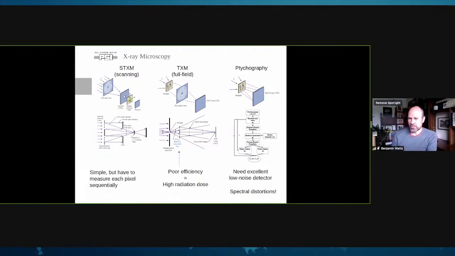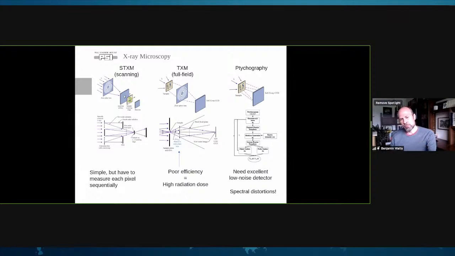Another issue is that the magnification and focusing is affected by the positioning of these objects. And when we change the photon energy, the zone plate will change its focal length. So to keep everything in focus, we have to move a whole lot of objects.